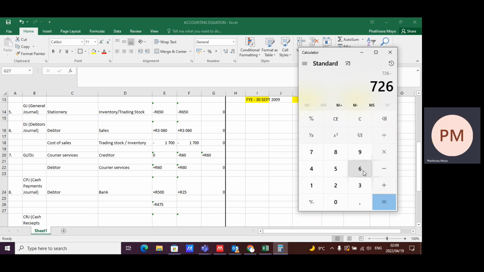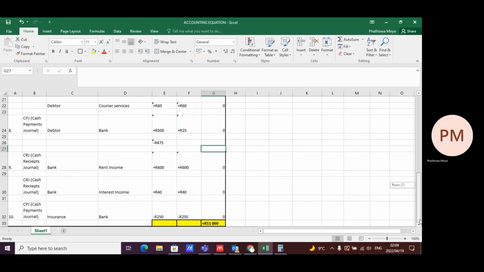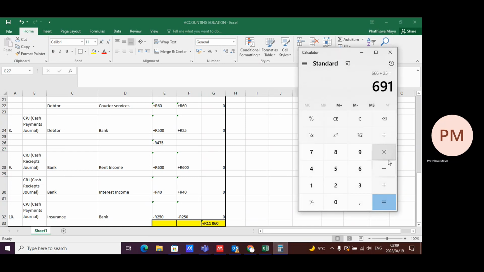So count 160 rand, minus 160 plus 25. Plus 640 minus 250.